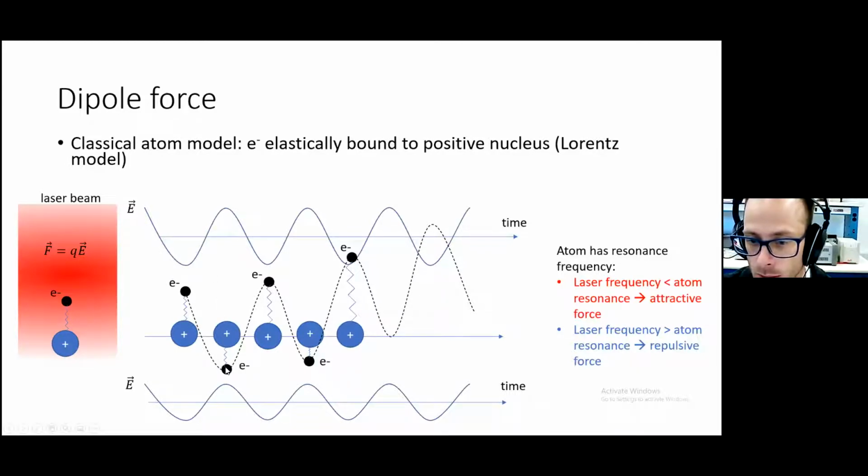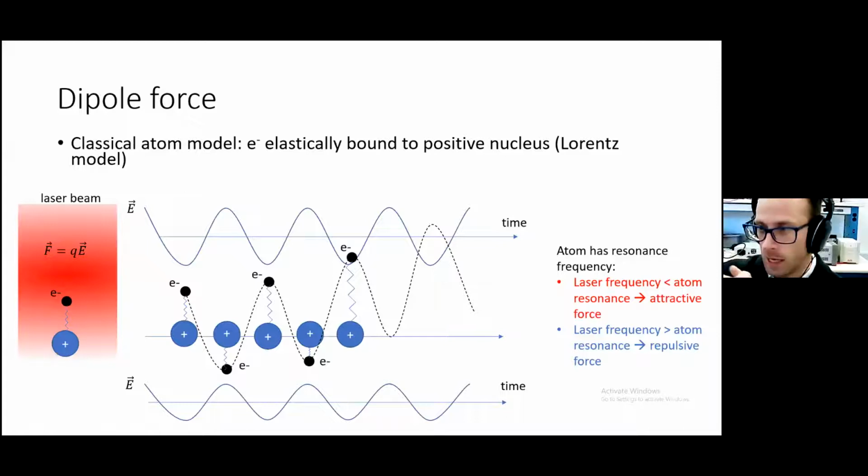So little by little, the electron will drift toward the high intensity region, the high field region, and will drag, so to say, the atom toward the center of the laser. So this is when the driving field is slow.